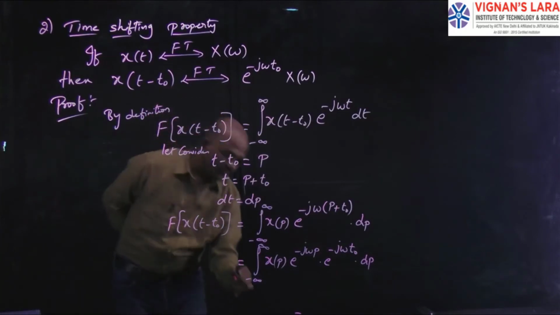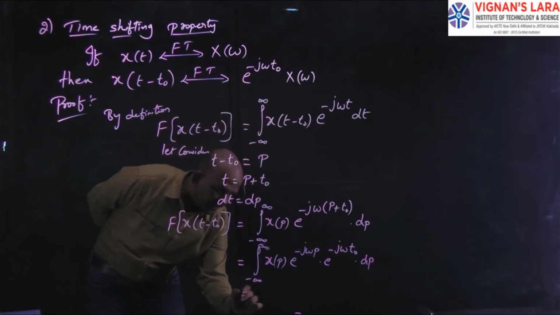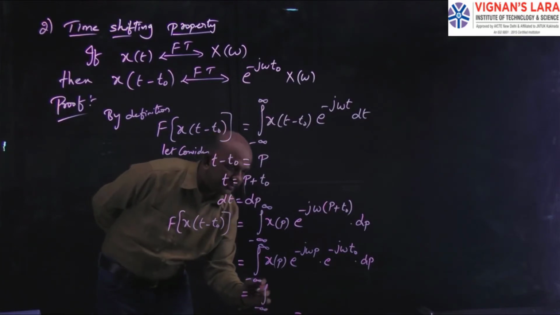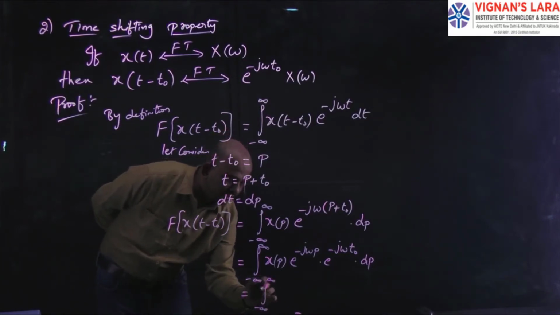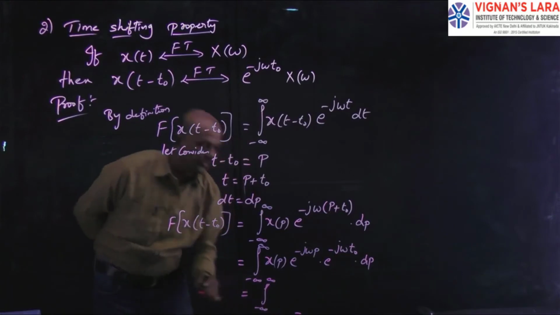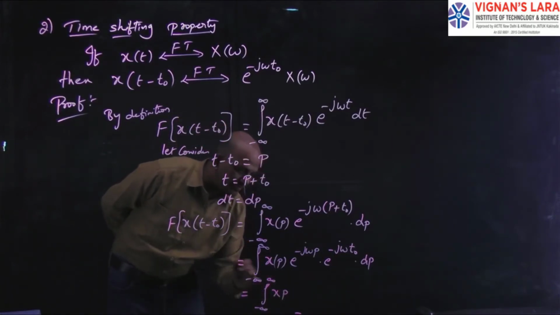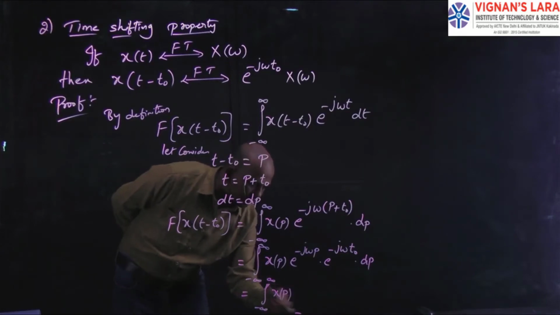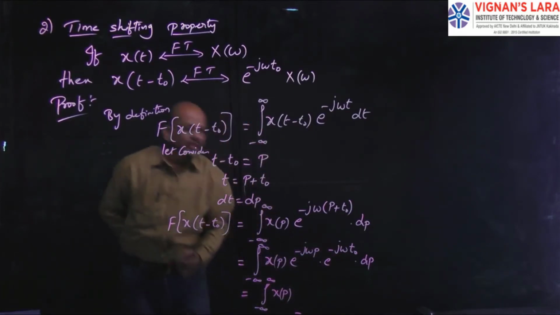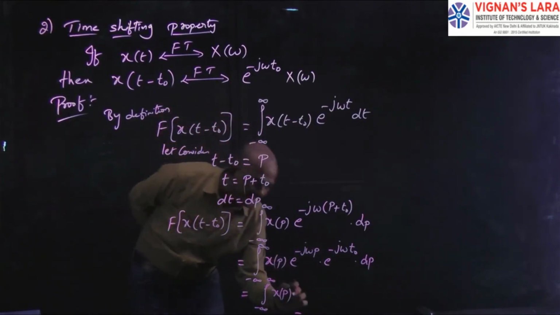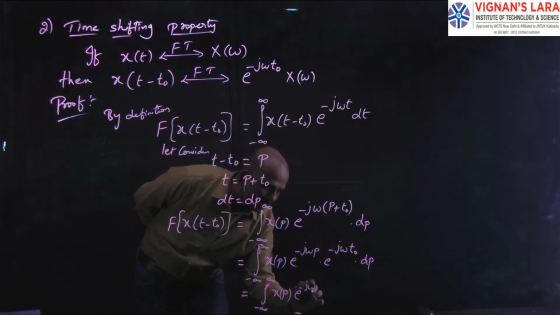Now that will be equal to integral from minus infinity to infinity of x of p e power minus j omega p.